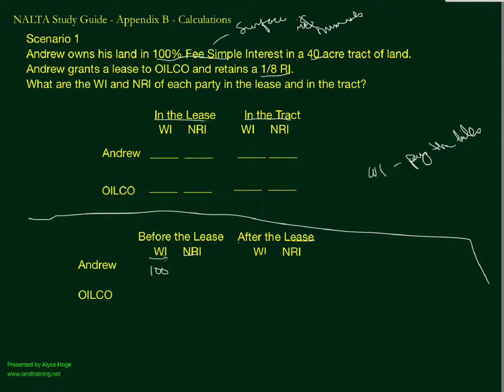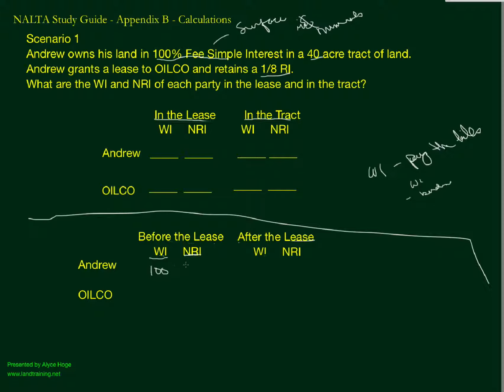So he'll have a 100% working interest. Now, the net revenue interest is usually the working interest minus the burdens. And the burdens are things like royalty interest, net royalty interest, overriding royalty interest, non-participating royalty interest. But before there's a lease, Andrew doesn't have any of those burdens. He doesn't have a royalty payment to make.